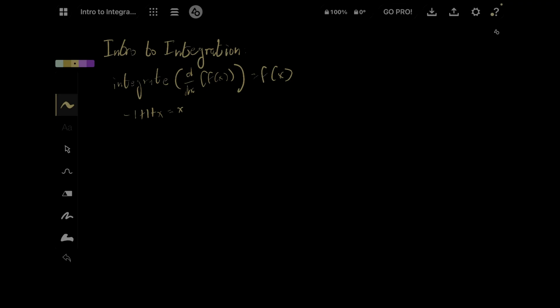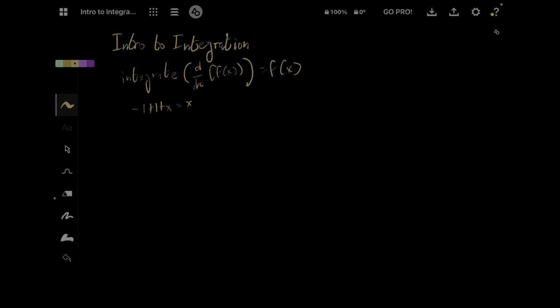Now that that premise is covered, let's move on to explaining more of what this actually is. It's been explained earlier that integration is the opposite of differentiation, but what exactly is it? And this is where the Riemann sums come in handy. Integration is basically finding the area under a curve.